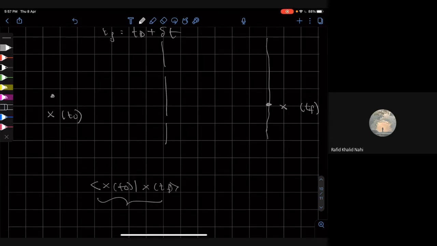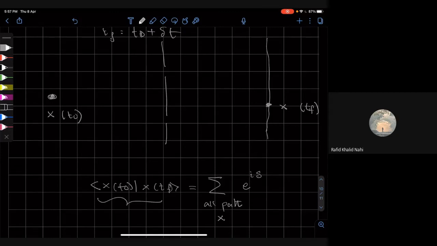To compute this amplitude, you sum over all the paths that connect this point to this point, but each path has to be weighted by a phase factor, exponential times i, the action evaluated on that path.